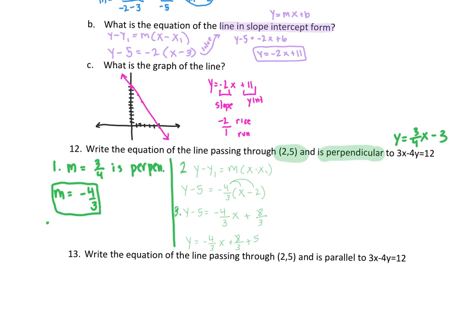And we need a common denominator. So the common denominator we have here is this 3. So I'm going to multiply the 5 by 3 and the denominator by 3. So that gives me -4/3 x plus 8/3 plus 15/3.